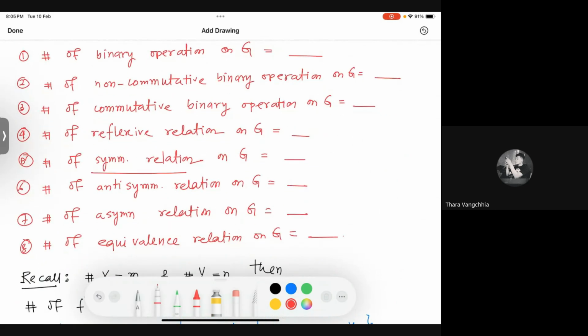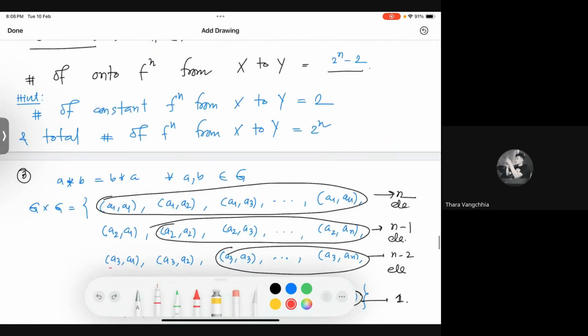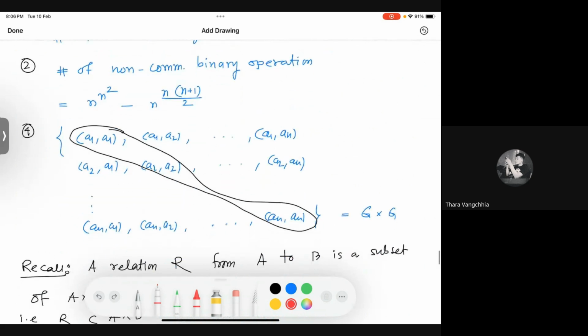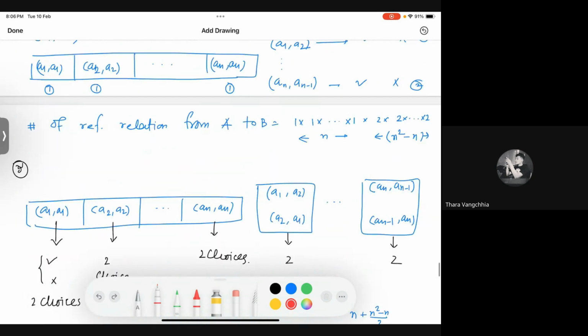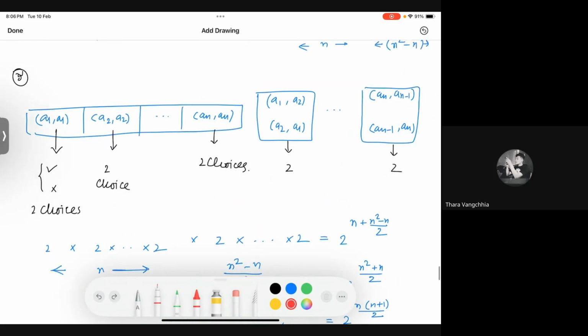Now how many symmetric relations are there on G? For a symmetric relation, see, (A1, A1) may or may not belong to the set R, so it has two choices, because if A1 is related to A1, since the relation is symmetric, it implies A1 is related to A1 again.